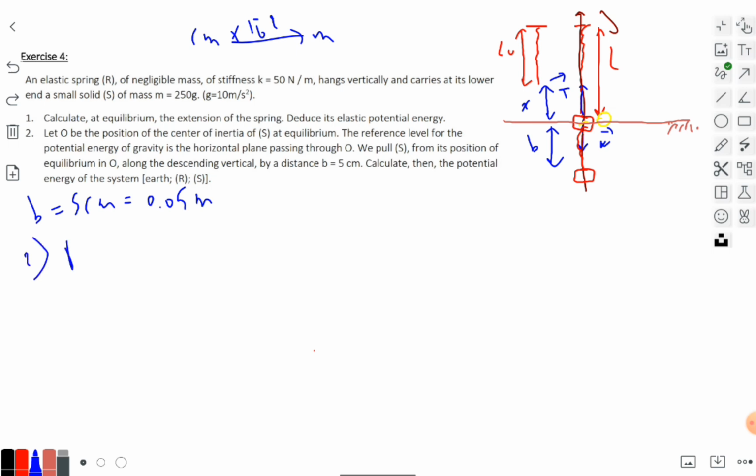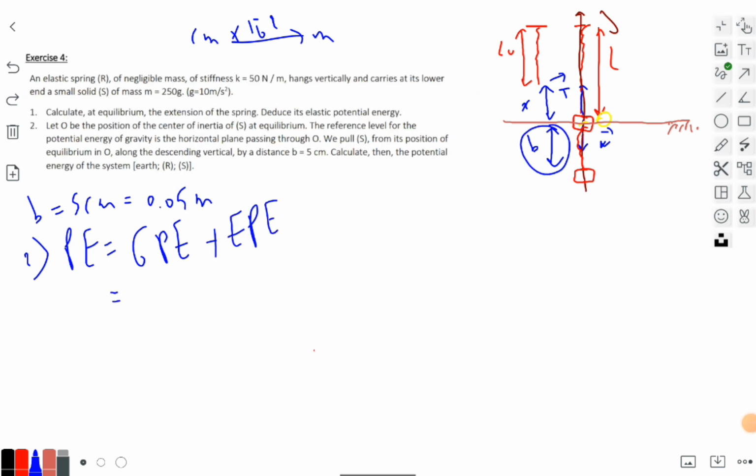Part 2, potential energy is equal to gravitational potential energy plus EPE. GPE equal mgh, but in this case the height is b, and when the object is below the reference, GPE equal minus mgb, plus EPE equal half k times the elongation, which in this case is x plus b, square.